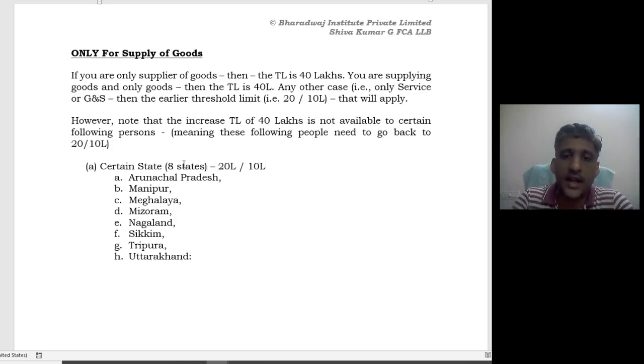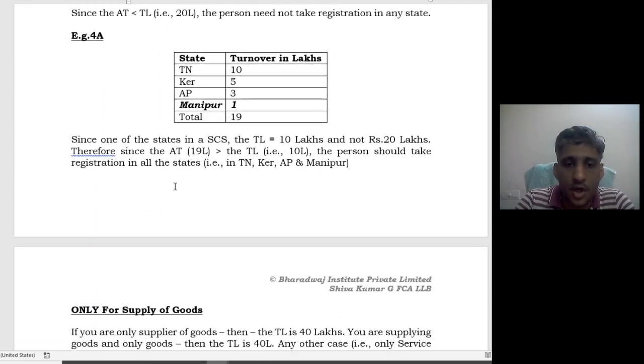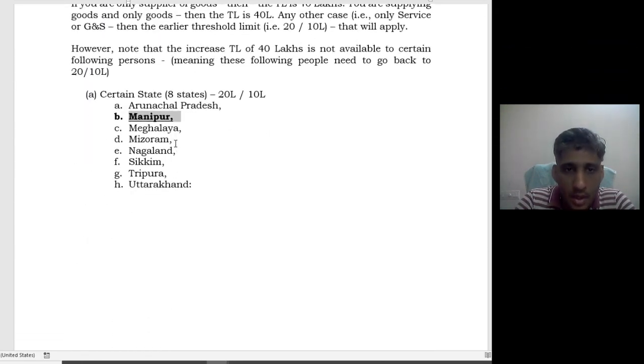Why 20 lakhs or 10 lakhs? Because if you see, Manipur, Mizoram, Nagaland, Tripura, these 4 states are all 10 lakh states. Remaining all will go to 20 lakh.